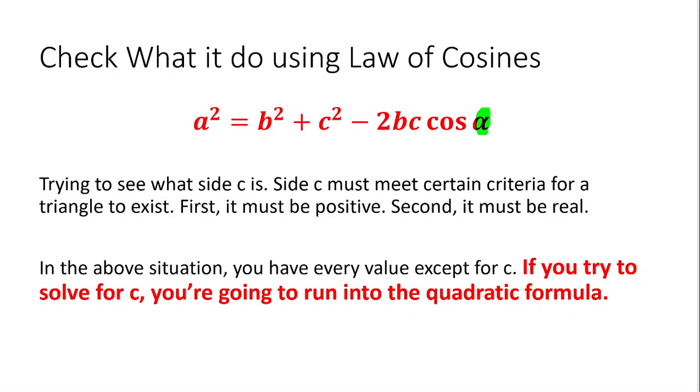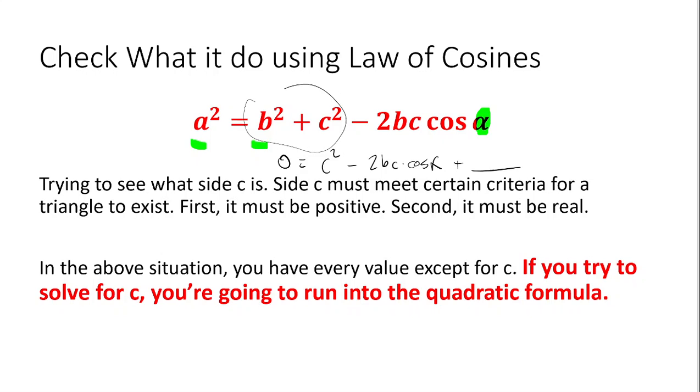Think about that. Essentially we're going to move everything to one side. A squared and B squared are just going to be numbers, and then let me write this. We'll basically have 0 is equal to C squared minus 2bc times the cosine of alpha plus some number.